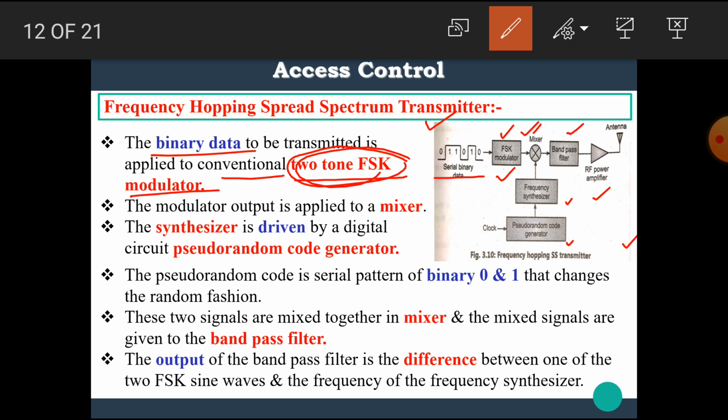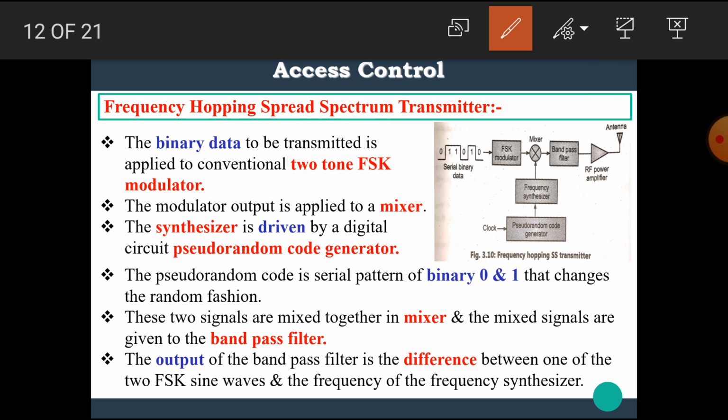That means in short we can say that there are two frequencies. Okay, the modulator output is applied to the mixer. The synthesizer is driven by the digital circuit known as the pseudo random code generator. That means this frequency synthesizer is driven by this block. The pseudo random code is a serial pattern of binary 0 and 1 that changes in a random fashion.